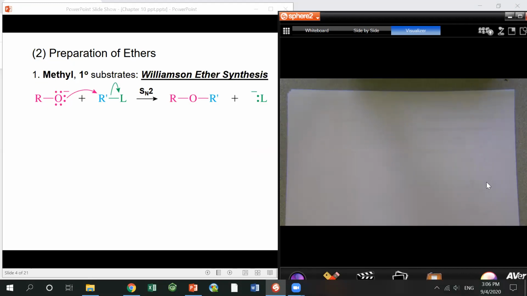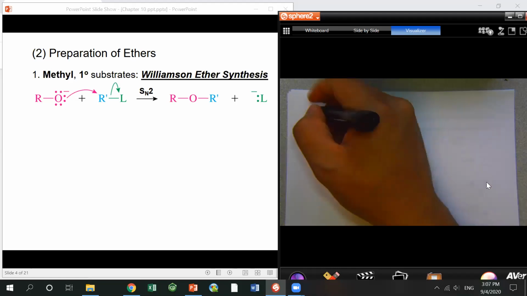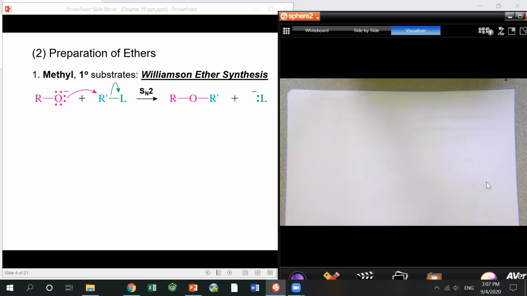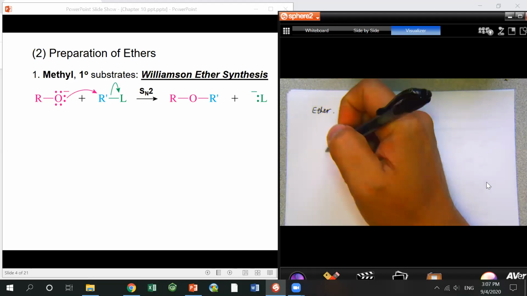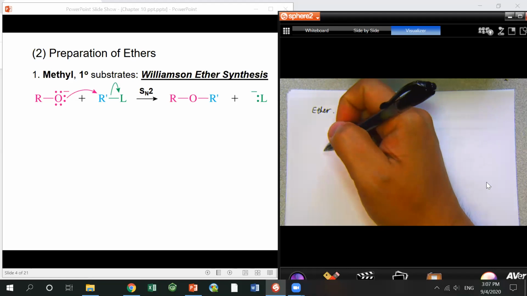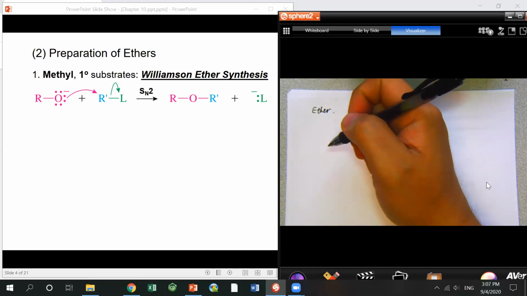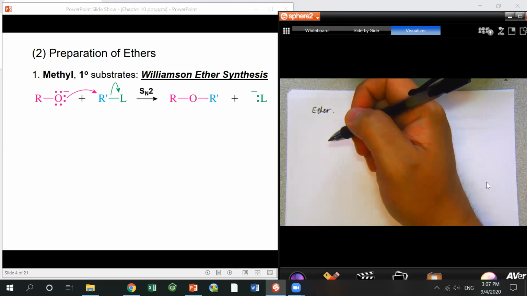Last time we learned how to use SN2 or SN1 reactions to prepare alcohols. Today we will study how to use SN1 and SN2 reactions to prepare ethers. It is also similar to alcohols, so it really depends on what kind of ether you want to prepare and what the substrate is.